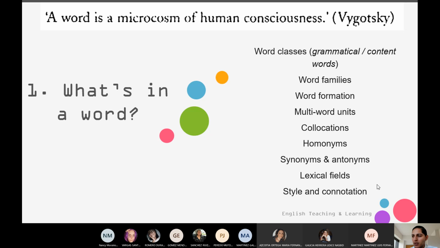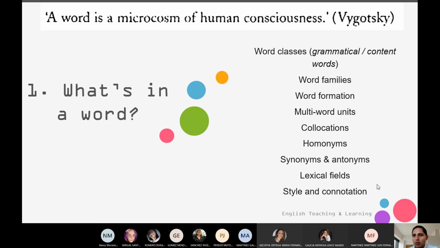If you can remember the presentation on Vygotsky's theory, for learning to take place, we need to go through the process of assimilation, accommodation, and more importantly, internalization. So the process of categorization of words has to do with this internalization of knowledge.